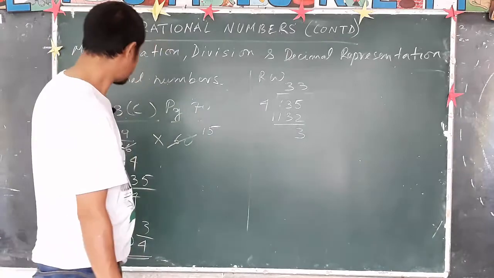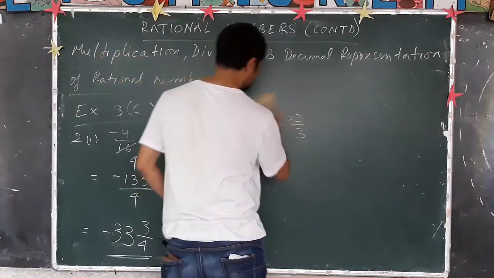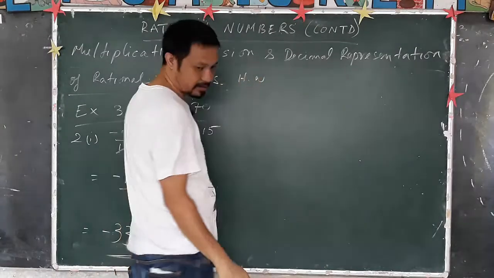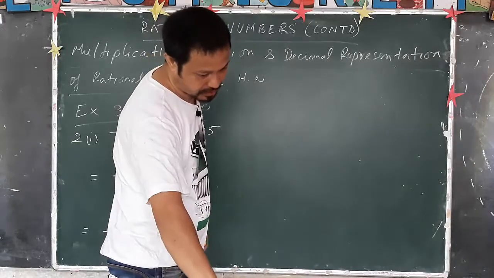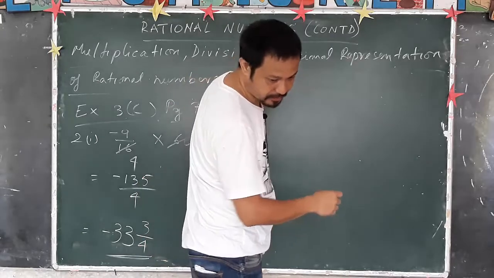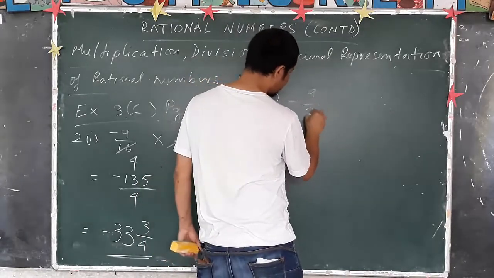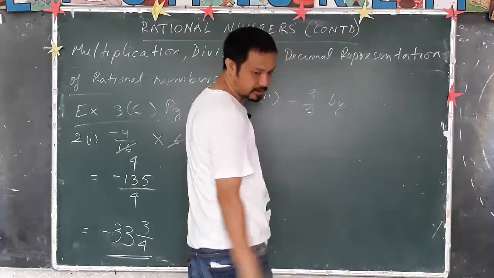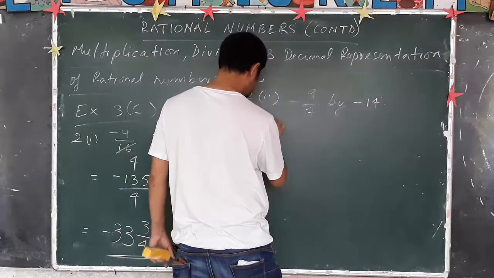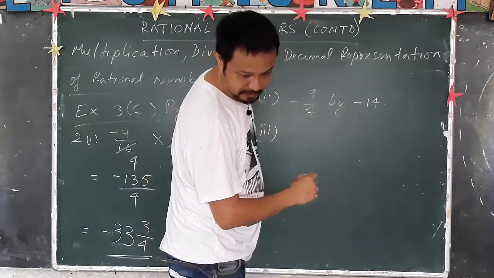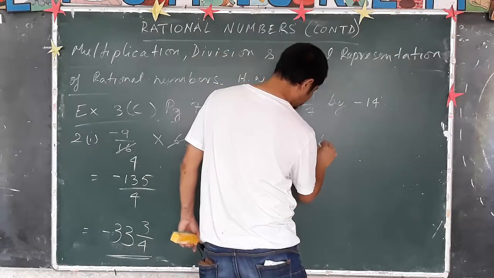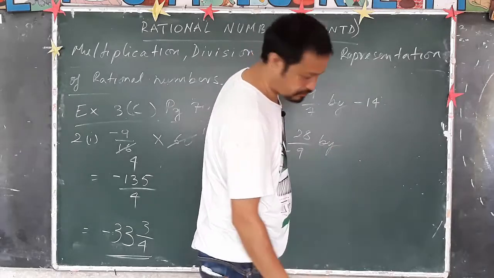Okay, so your homework will be again number 2, subsection 2, that is minus 9 by 7 by minus 14, and 3 is 28 by minus 9 by minus 27.